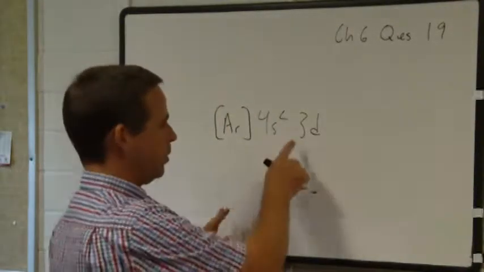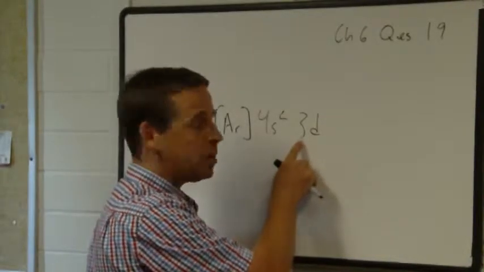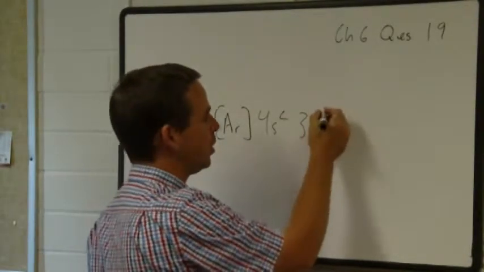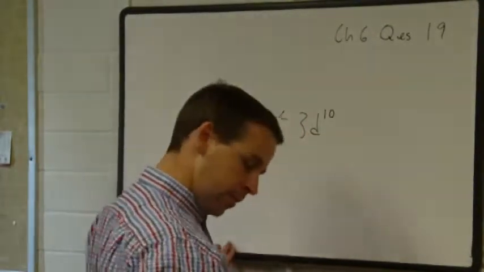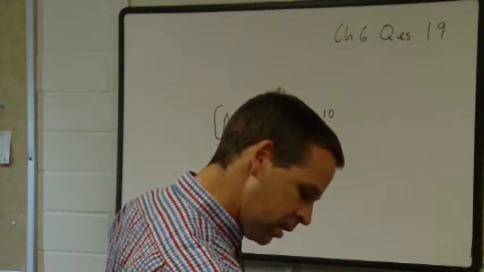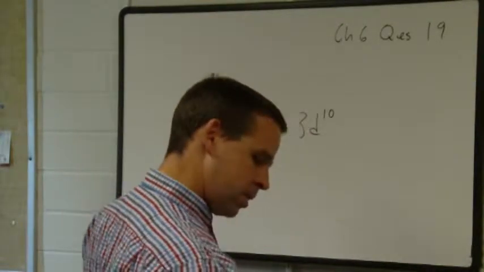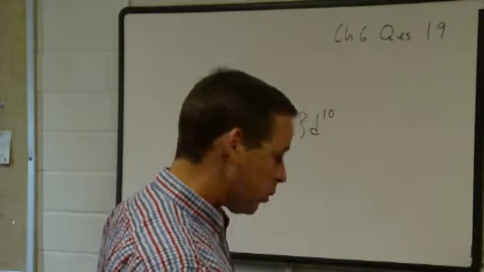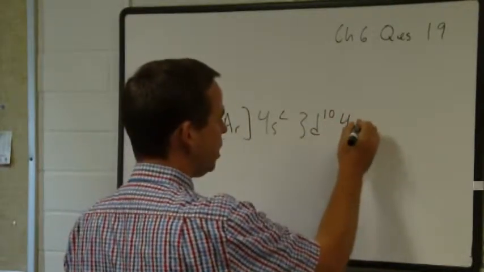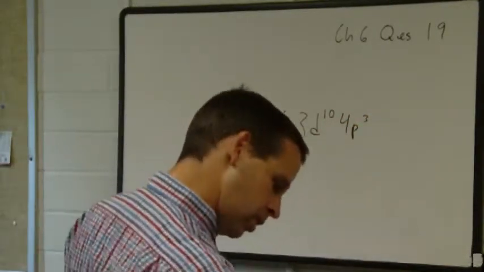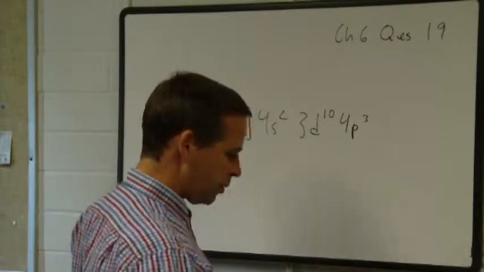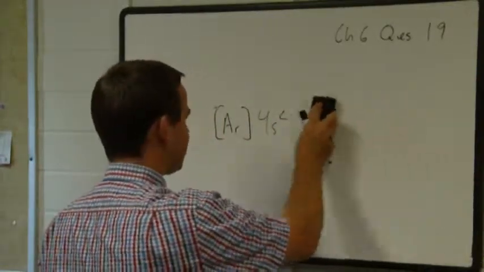But remember, it's in the 4th row, but when you go to the D's, you start 1 number lower. So 3d10 fills up first. That's scandium to zinc. And then we need 3 electrons. It's in the 1, 2, 3, 4th row. So that's 4p3.